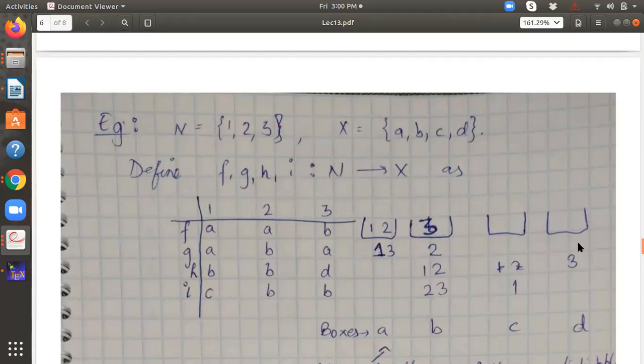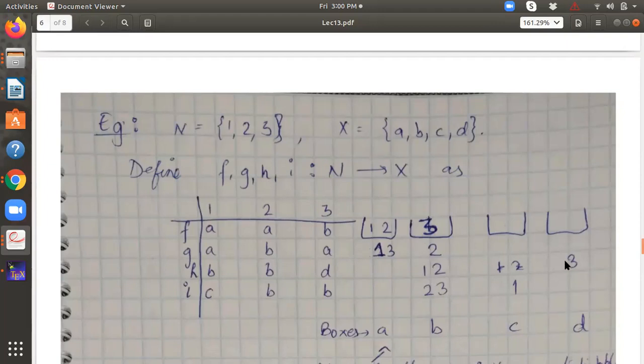Now coming to H, it sends ball 1 to the box B. So I've put it here. Ball 2 to the box B. So 2 also comes here. Ball 3 to the box D. So 3 comes in the box D. So you don't see a box here. Actually, I didn't realize I should have left a line in between, so I haven't drawn the other boxes.